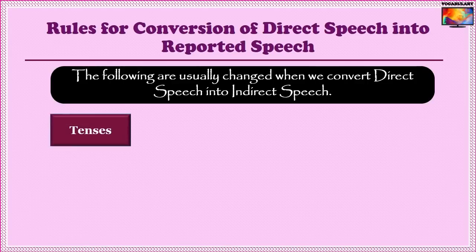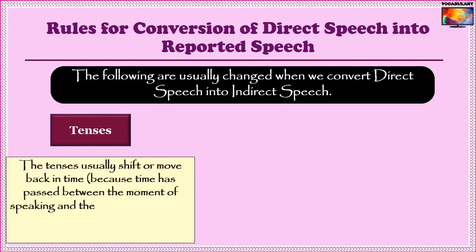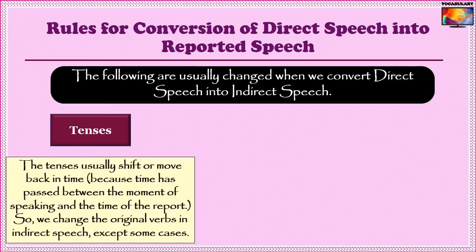First is tenses. The tenses usually shift or move back in time because time has passed between the moment of speaking and the moment of reporting. Accordingly, we make changes to the original verbs in indirect speech, barring some exceptions. We will shortly discuss that. Second is pronouns.